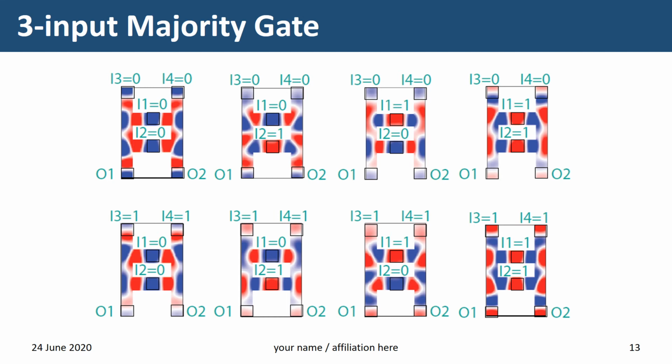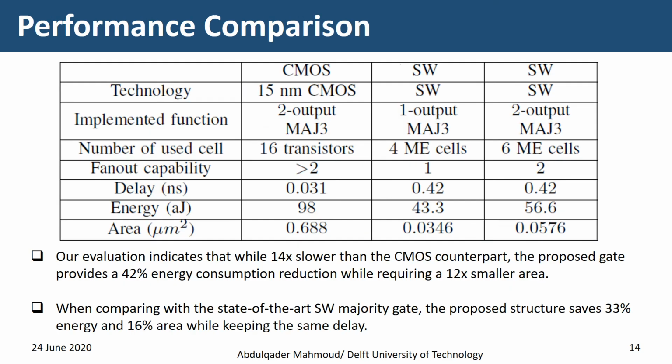As you can see here, 0, 0, 0, the output is 0, and the same for the other cases. 0, 1, 1 will be 1, and the same line of reasoning can be applied to the other cases.